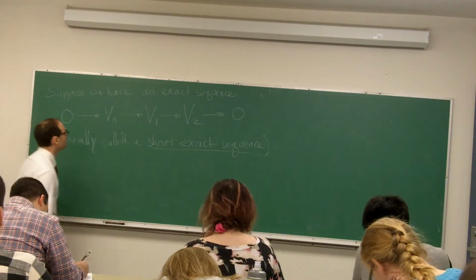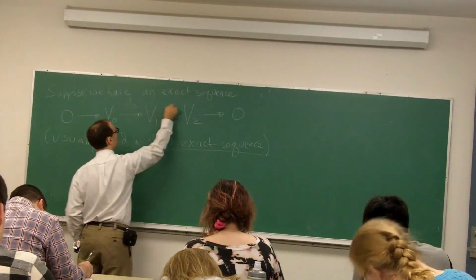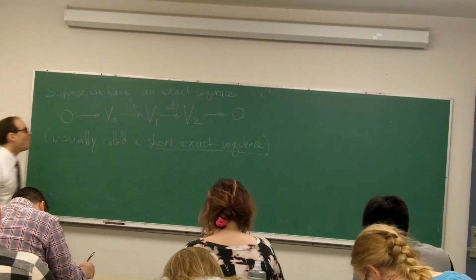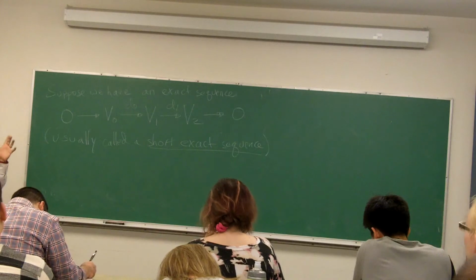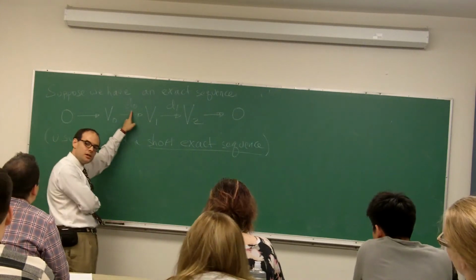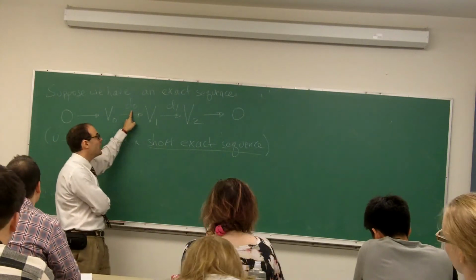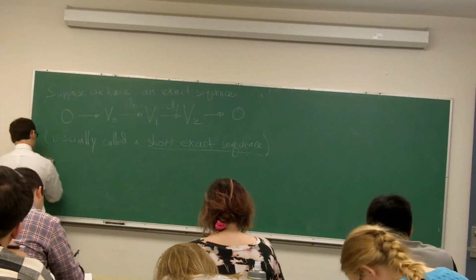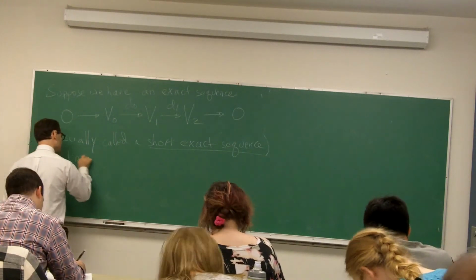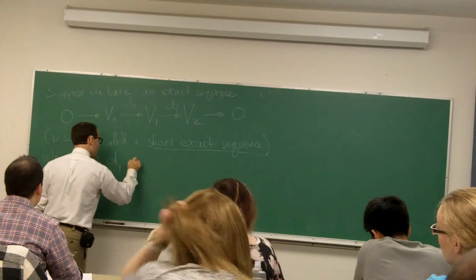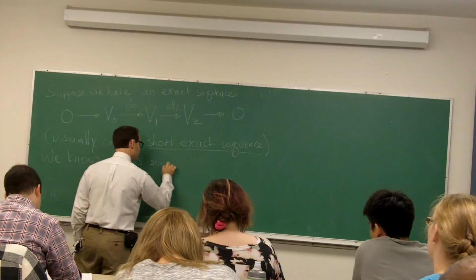Well, what do we know? We label this guy as D0, this guy as D1. We already know D0 is injective and D1 is surjective.